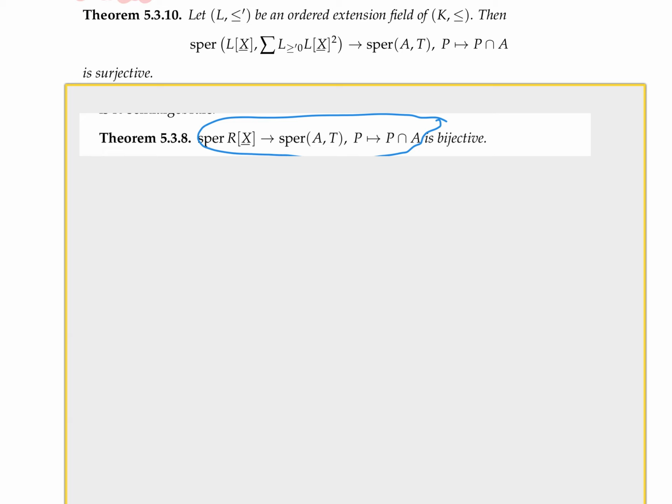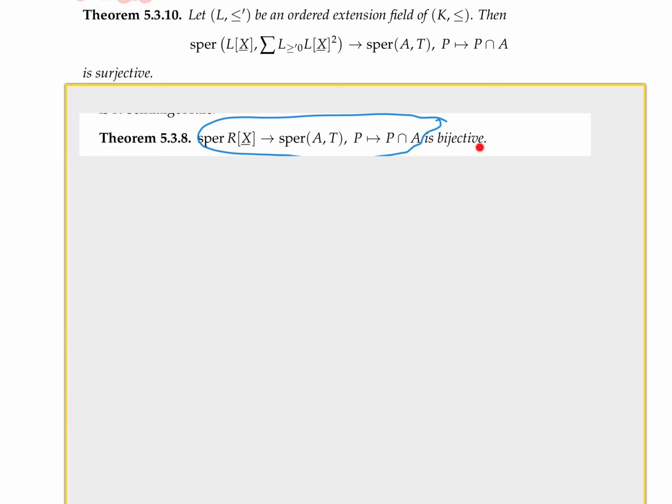So it's really an arbitrary ordered extension field where there it was a very particular one, right? But the map was the same. Here I didn't need to specify that the prime cones should contain the non-negative elements of R, because that was automatic, since in R every non-negative element is a square. So it was really the same map as here.